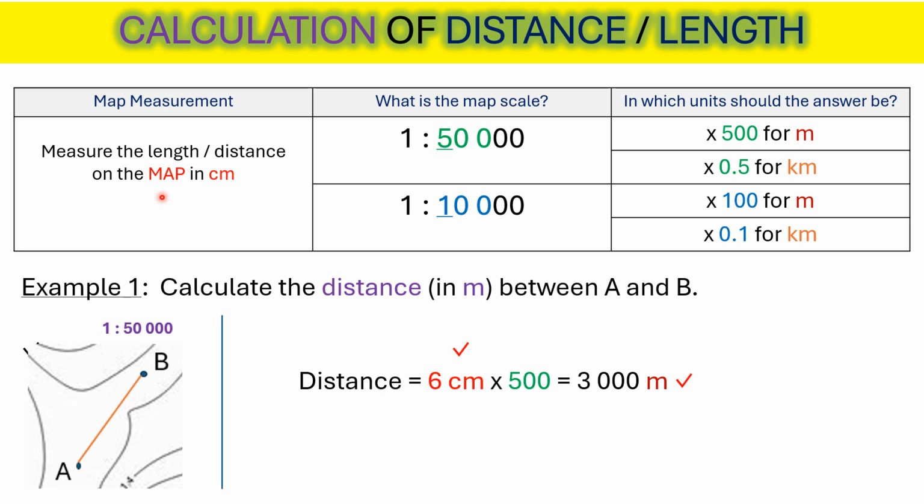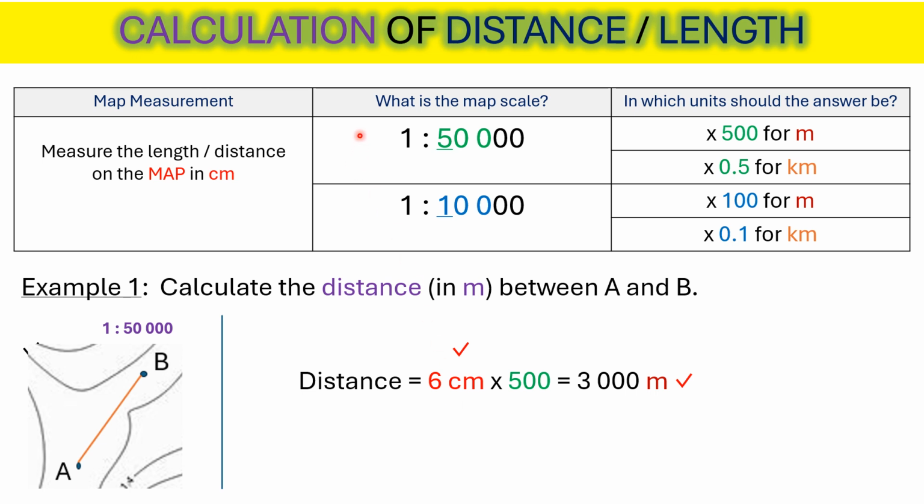First thing would be to measure the distance between points A and B on the map in centimeters. In our example, I've used 6 centimeters as my map measurement. In other words, the distance between A and B, or the length of line AB, is 6 centimeters. And I'm using 6 centimeters as an example.